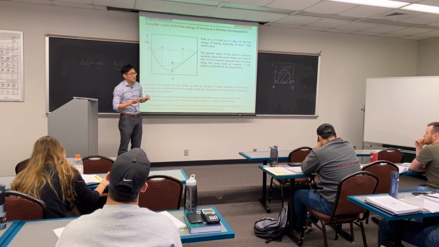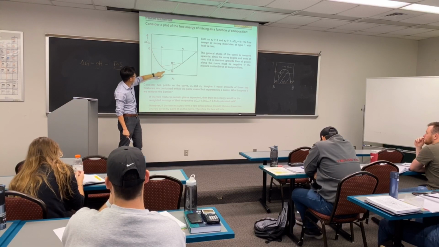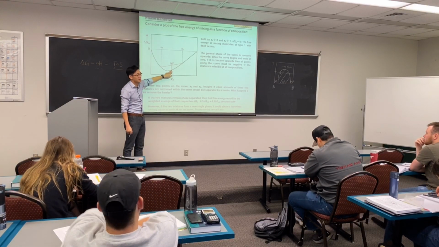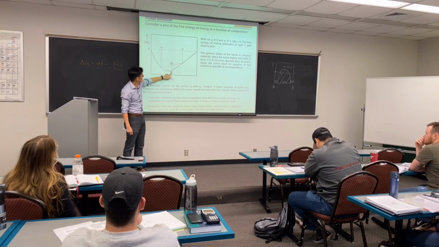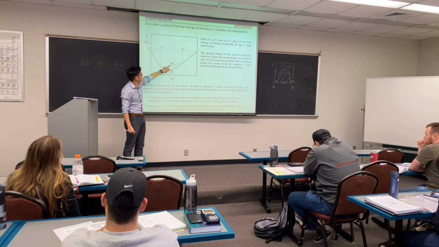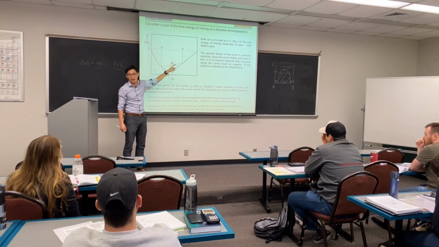But that's just a hyper-theoretical value. If you look at this curve, at the same composition, you can find the system would adopt a free energy at M. Which one is higher? M star is higher.